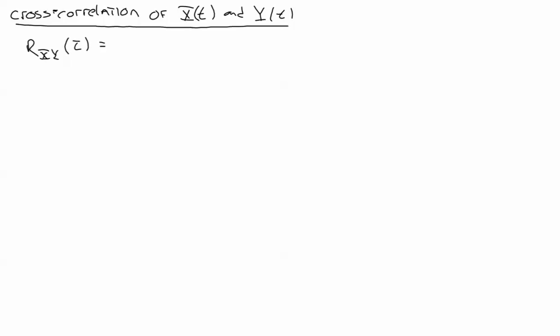The cross-correlation is this: the expected value of x times the shifted version of y. And plug this in. I get x of t times the convolution.